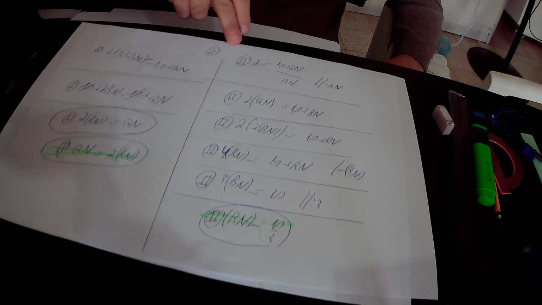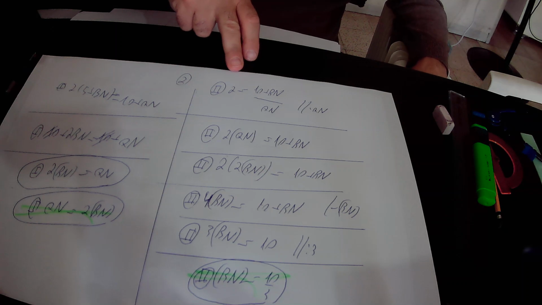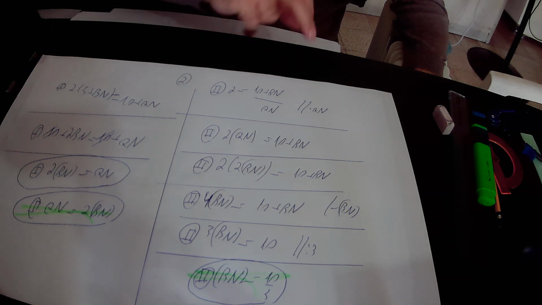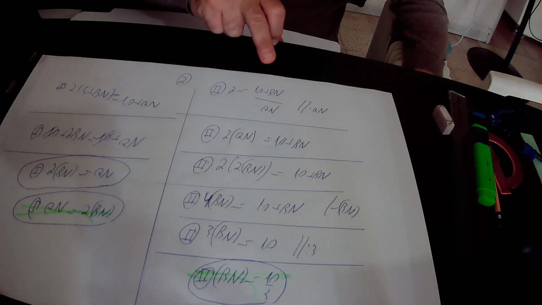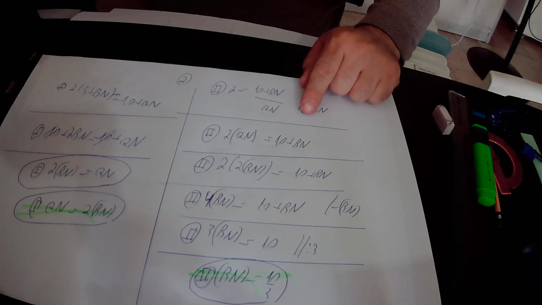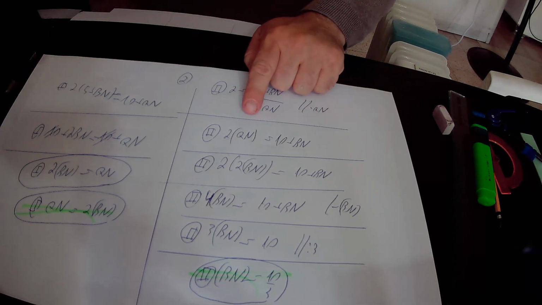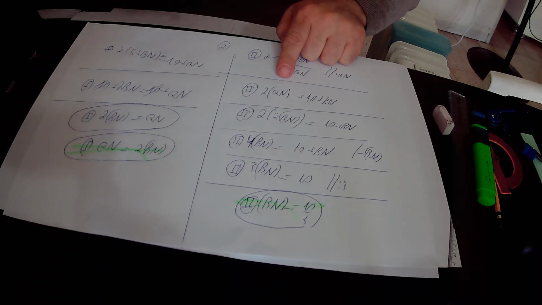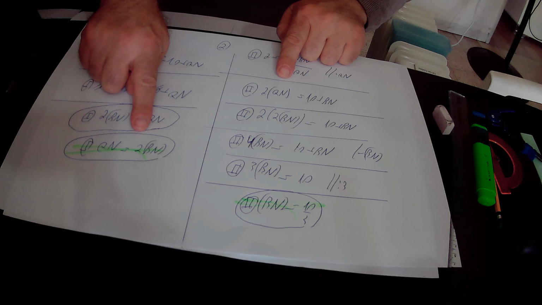While according to equation number 2, we have already found that 2 equals 10 plus Bn over Qn. We multiplied equation number 2 by Qn, and found that 2 times Qn equals 10 plus Bn. So here we substitute Qn by 2 times Bn. Why? Because according to equation number 1, Qn equals 2Bn.